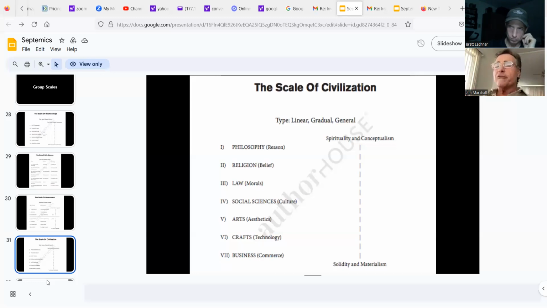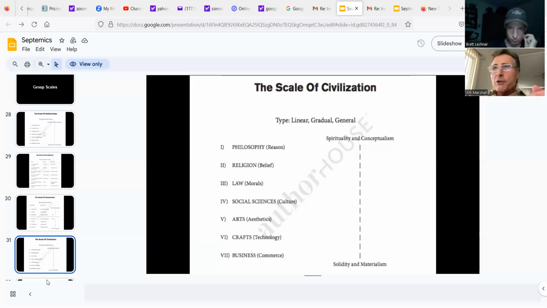These were men of reason. And if you study them, which I have, you can see they were able to reason. It wasn't about belief or morals, it was about reasoning. They would reason things out. That's what philosophers do. They use the skill of reason to make sense of the phenomena they experience.